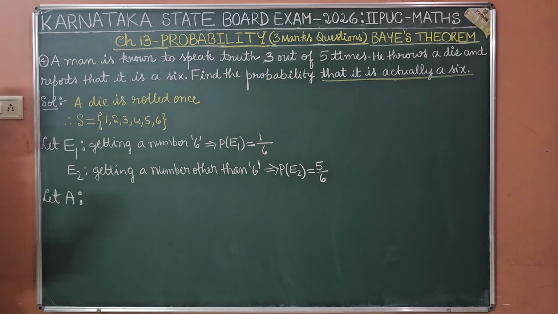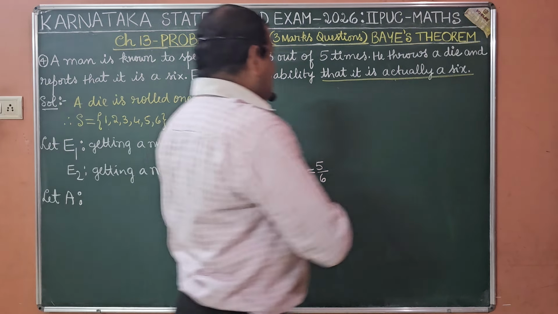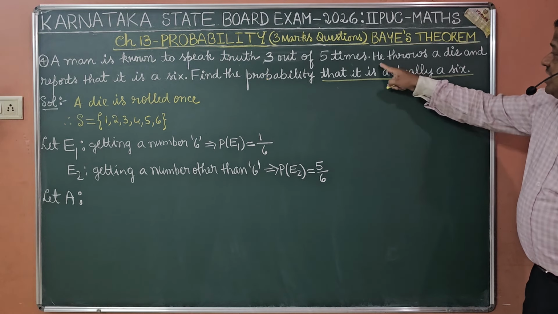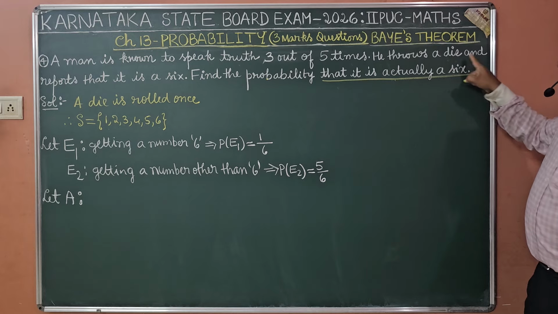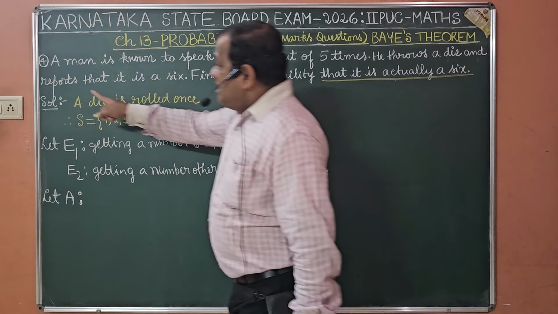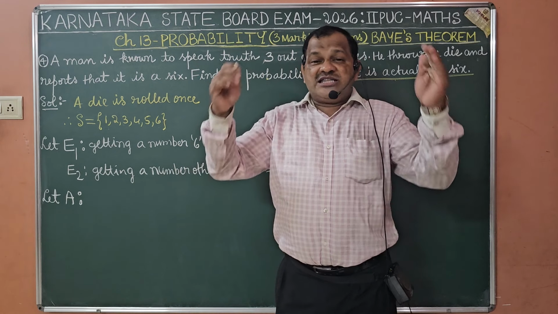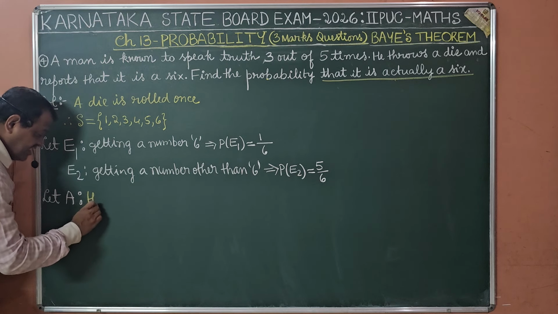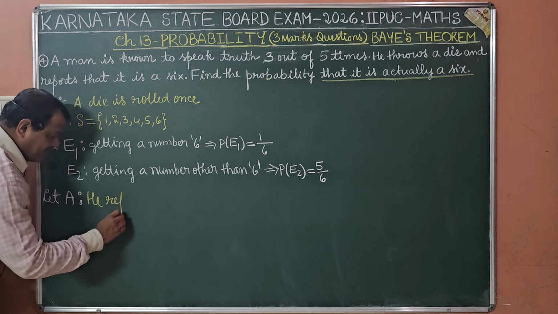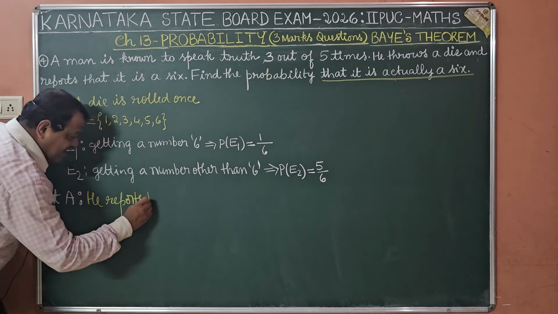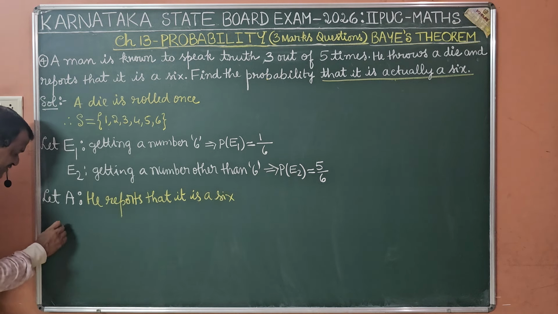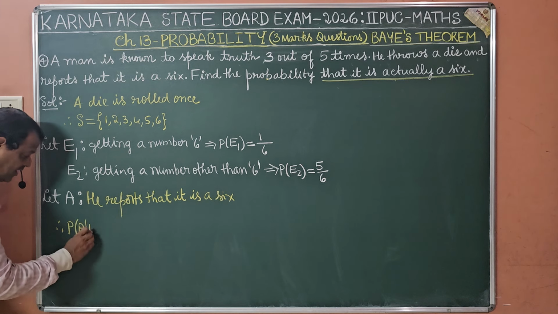For that, read the last but one sentence, from here: and he reports that it is a 6. So the person reports that it is a 6 is the special event. So I write, he reports that it is a 6.